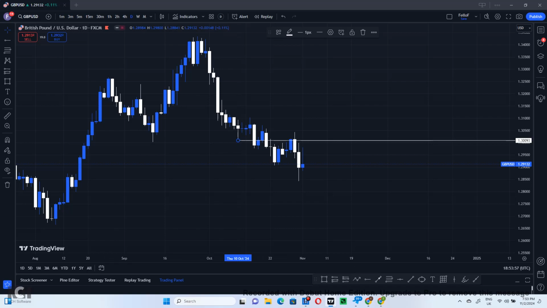Now after the break, what we have to do is draw a simple line, something like this here, and draw a little box here.